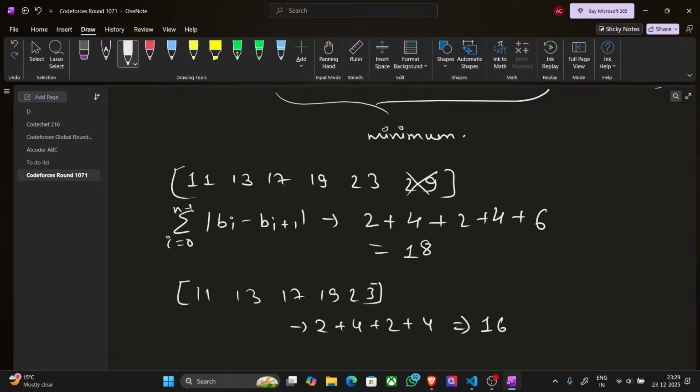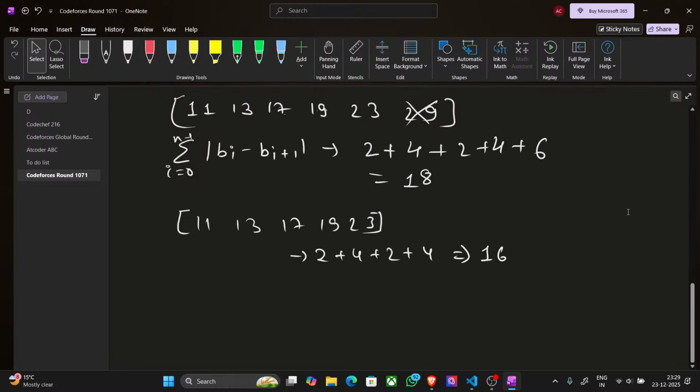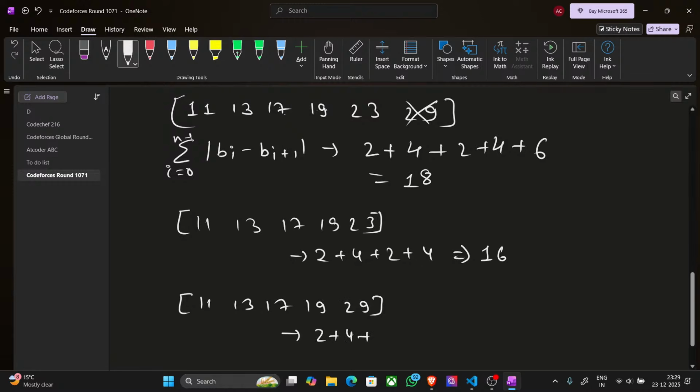Now if I delete some other index, say I deleted 23 this time, then my array will be this, and then the total sum will be 2 plus 4 plus 2 plus 10, which is 18 again.